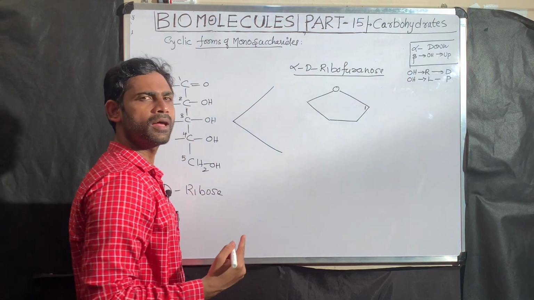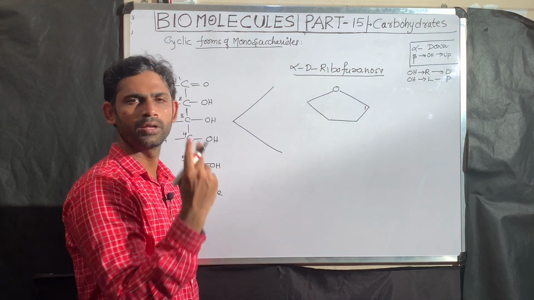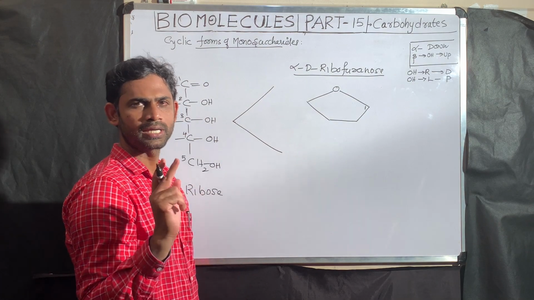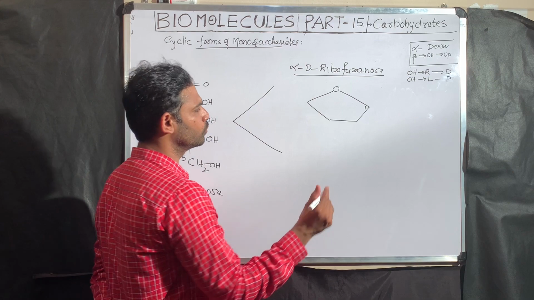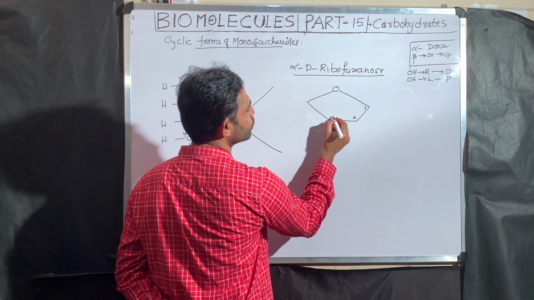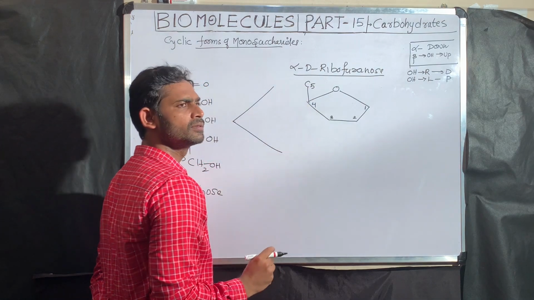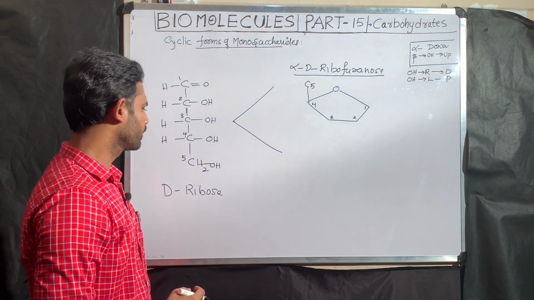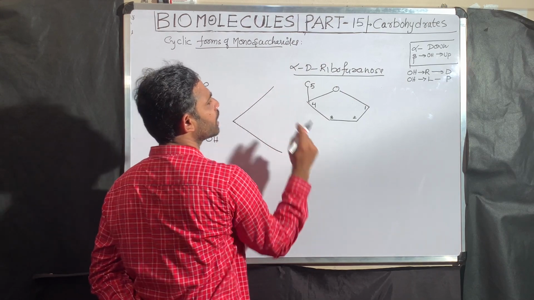We have to start ring numbering always with the functional carbon number. If you are writing an aldose sugar, start with 1. If you are writing a keto sugar, start with 2. So 1, 2, 3, 4, 5. Where is the 6th carbon? No need to show the 6th carbon because ribose is a pentose. Only 5 carbons are present. Which anomer? Alpha.